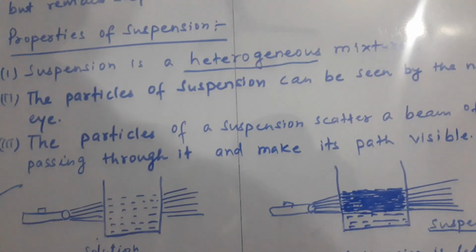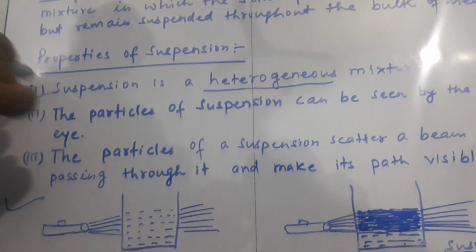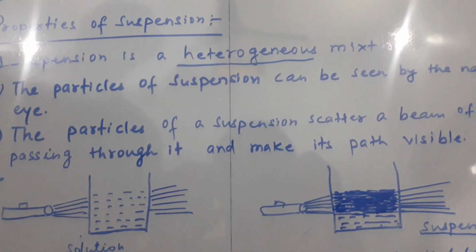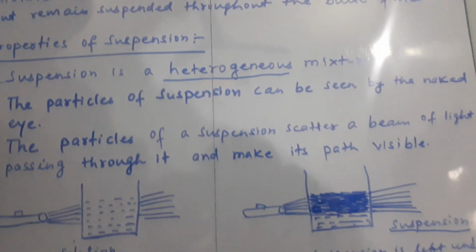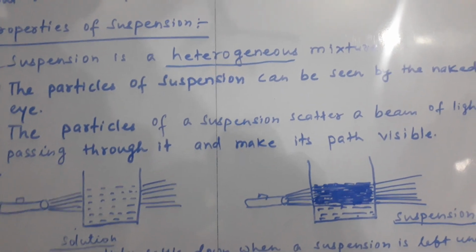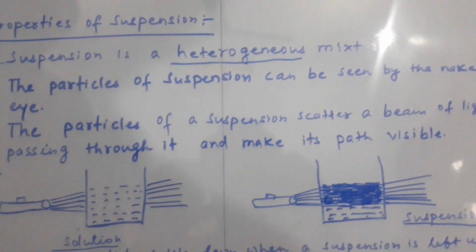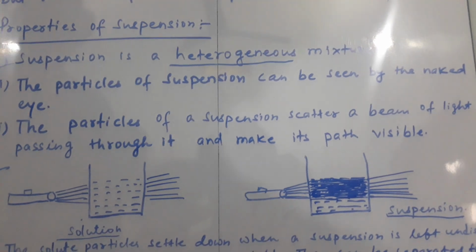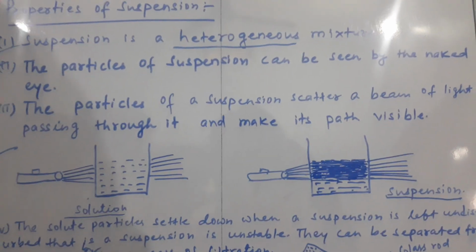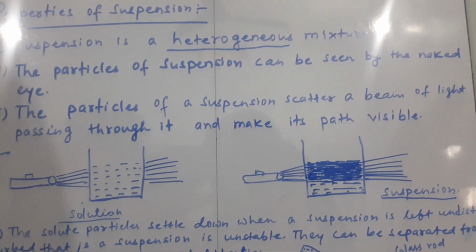See, suspension is a heterogeneous mixture, whereas solution is a homogeneous mixture. The particles of suspension can be seen by the naked eye. It means the size of the particles of suspension is quite bigger in nature.